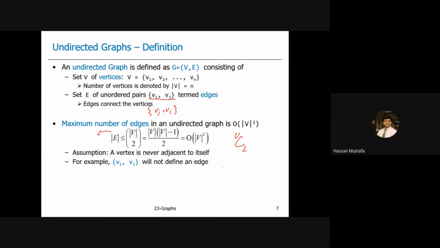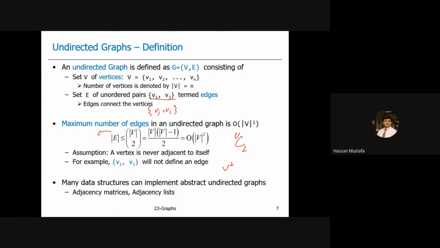If we talk about the asymptotic behavior, that is order of V squared. So in an undirected graph, we can have at most order V squared edges. That's what you need to remember. That would come in handy in some coming slides.